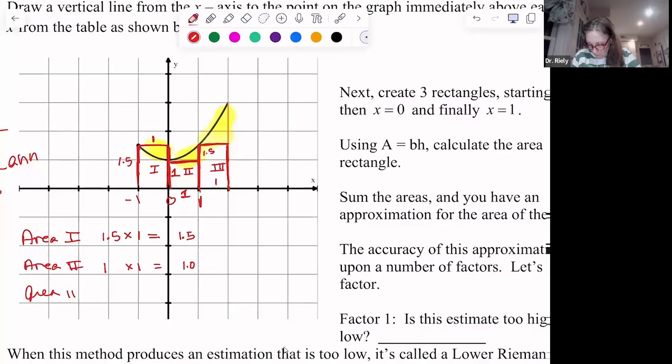The area of rectangle 3 is 1.5 again times 1, so that equals 1.5. When I add these all together, I'm going to get 4.0 square units. Okay, that is the left Riemann sum.